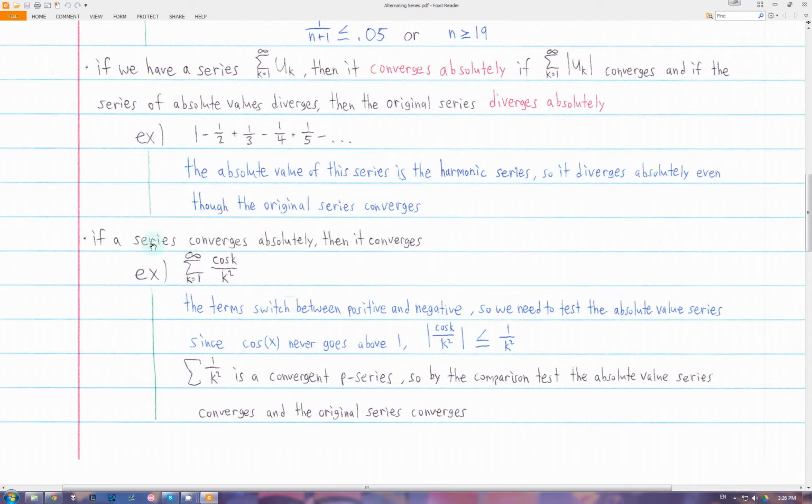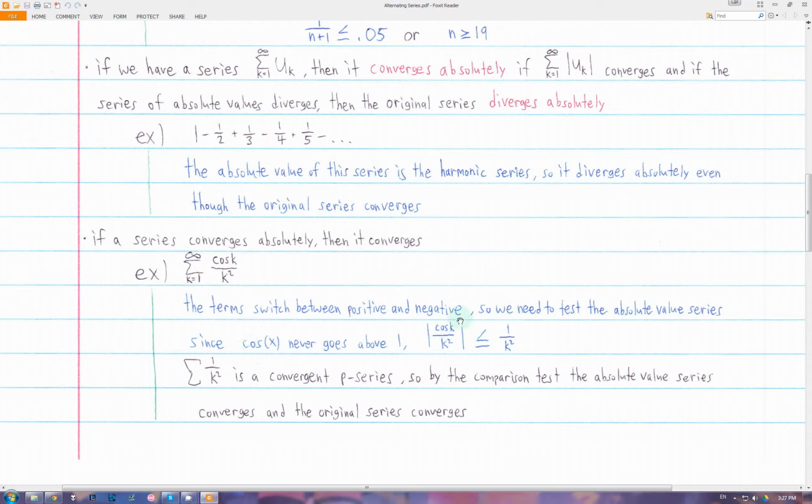And so, if a series converges absolutely, then it also converges normally. So to prove that this converges normally, we're going to first prove that it converges absolutely. So taking the absolute value of this general term, we know that it's always less than or equal to 1 over k squared, since the cosine function ranges from negative 1 to 1. And if we take the absolute value of that, it'll always be from 0 to 1.